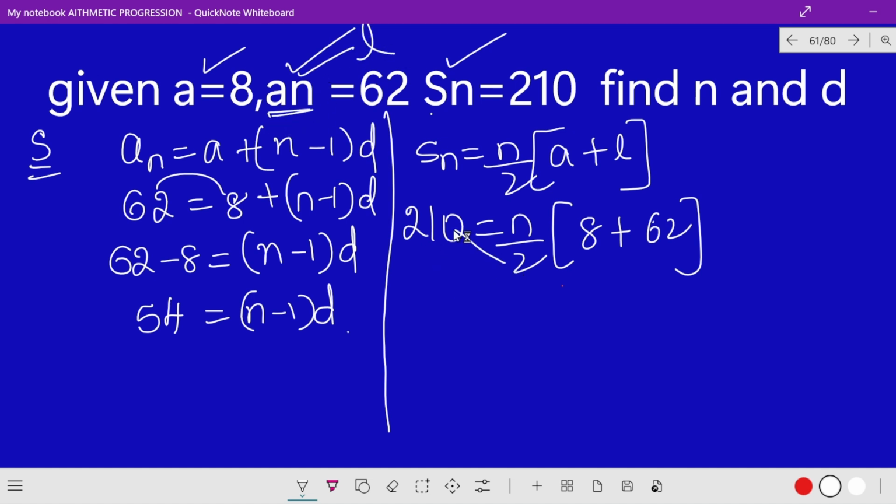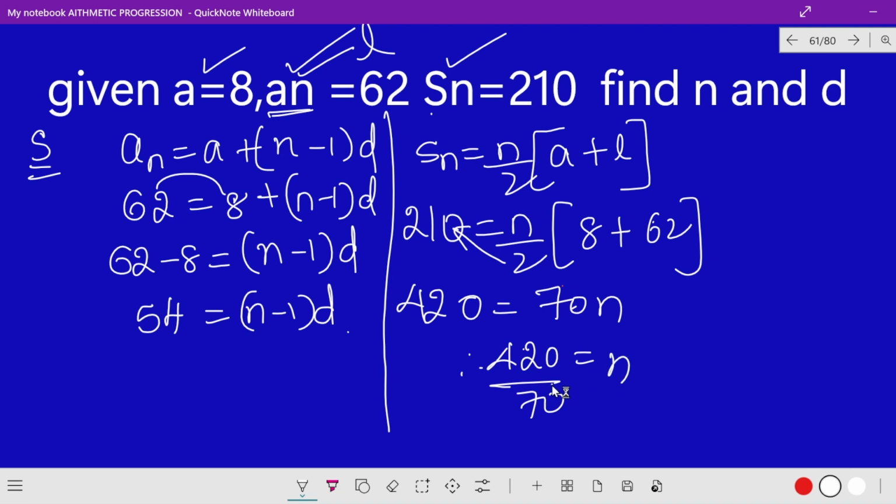Now cross multiply this, what do you get? 420 is equal to n into 8 plus 62. Here we can add both of the numbers, 62 plus 8 becomes 70. Therefore 420 is equal to 70n. You bring it down, and 7 ones are 7, 7 ones are. Therefore, what do we get?